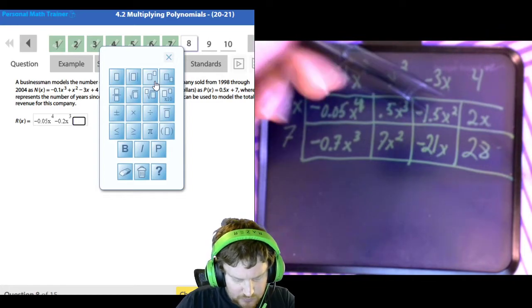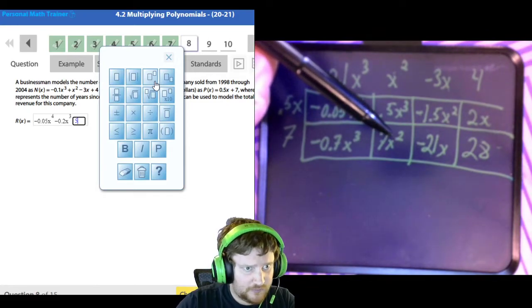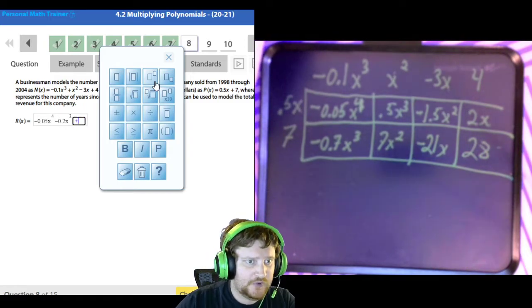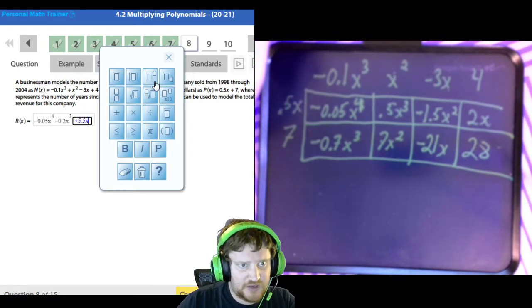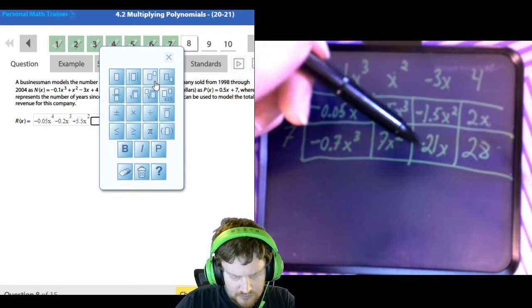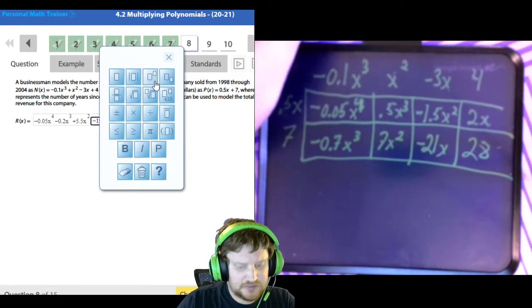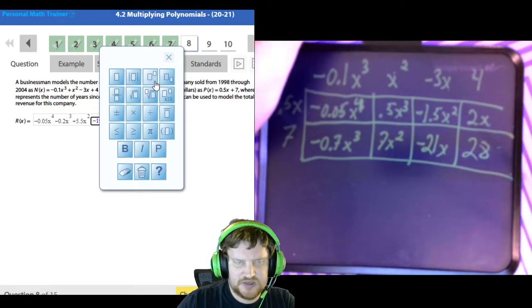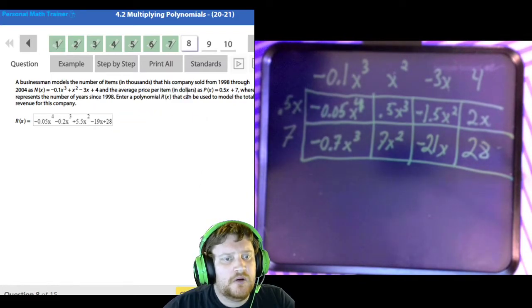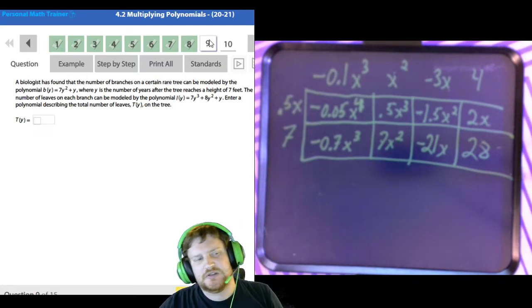Positive 7 minus 1.5 is 5.5 x squared, minus 21x plus 2x is minus 19x plus 28. And they didn't ask me to find a specific year.